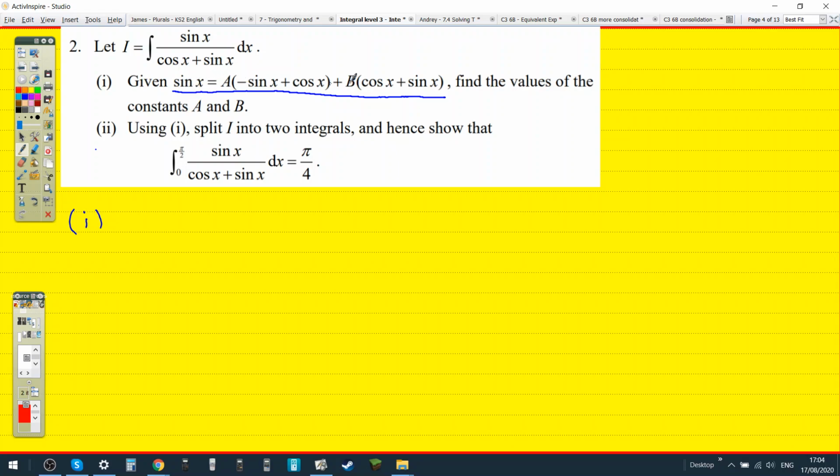Sine x is equal to this. Find the values of the constants a and b. Any idea how you do that? Not really. I think so. Wouldn't they just be zero or something? I think you're onto something. So expand the brackets. What would you get?